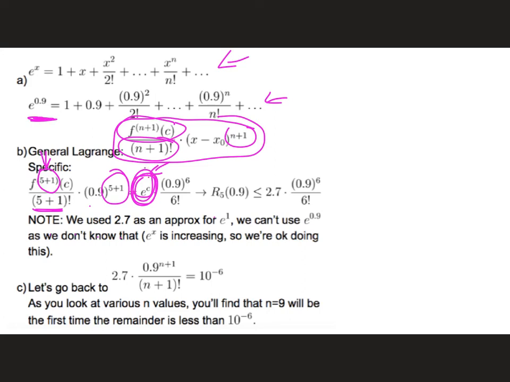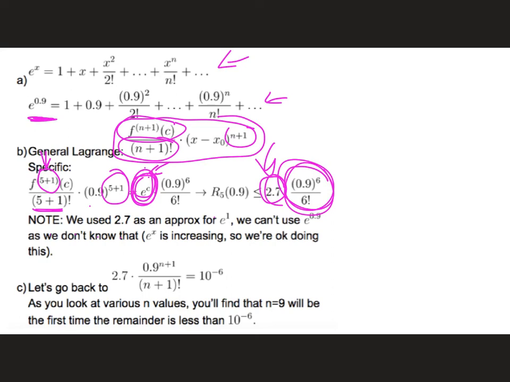That's the part that I'm guessing you guys find most confusing. I know it's the part I find most confusing. Sometimes they have to give us that value. So as I said, in this one, we're going with the 2.7. The 0.9 to the 6th over 6 factorial, that's the piece from that next term, so I don't think that's the scary part. The derivative value is the scariest part.